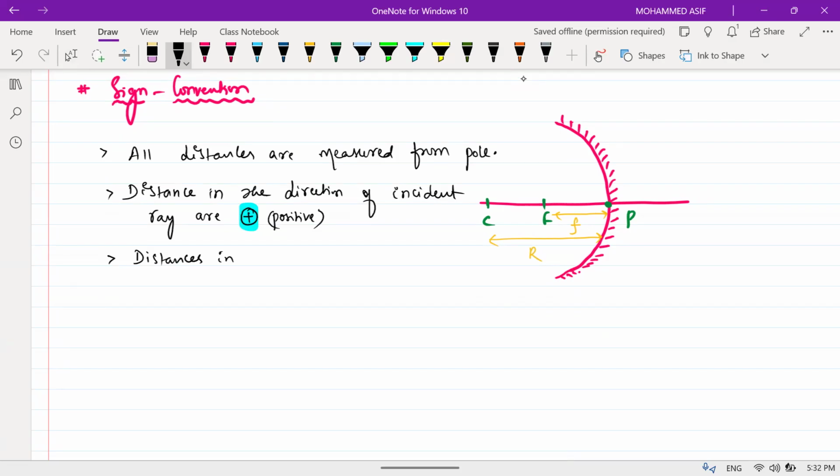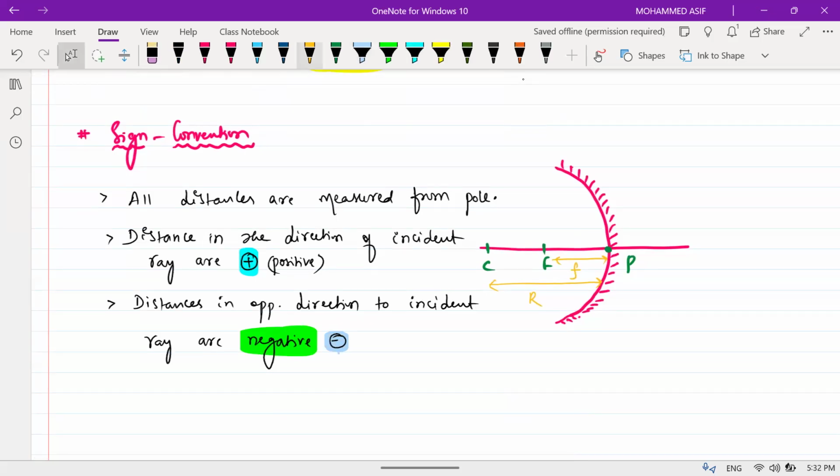Distances in the opposite direction to the incident ray are negative. Clear? In the direction of light, positive. Opposite direction of light, negative.